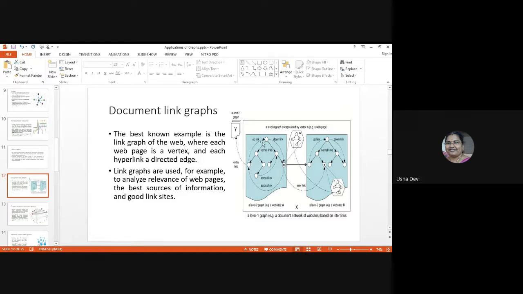Like that, from one server to another server, or from a user to different servers, you may have connectivity. Accessing a document from one to another comes under document link graphs.